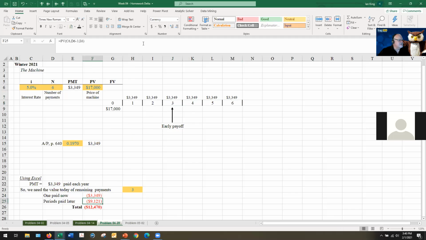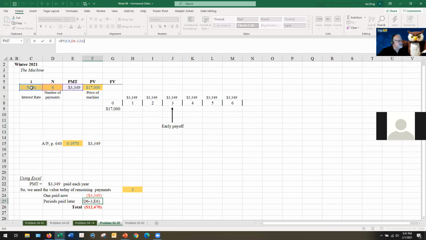Well, how do you do that? You take 3 periods, which is basically your 6 minus 3, because it's a 6-year loan and you're in year 3. So you don't count this year. You're only looking at unpaid future years. There's 3 unpaid future years. 6 minus 3 is 3. So that's where in this calculation you get 3.